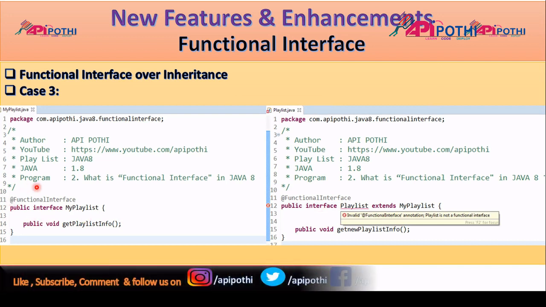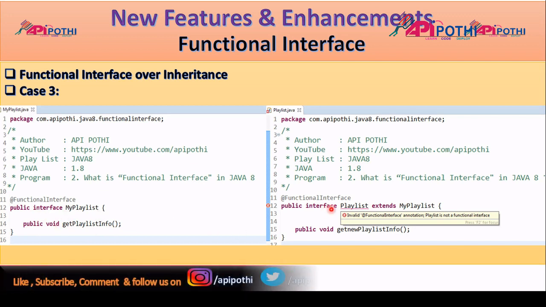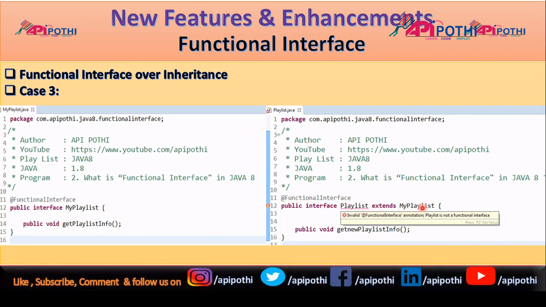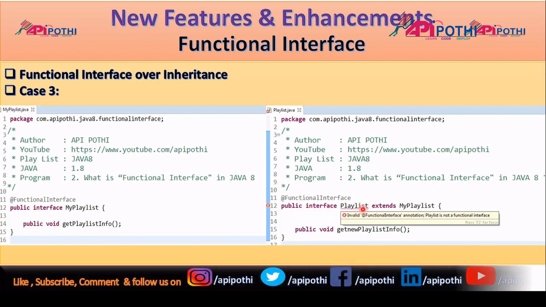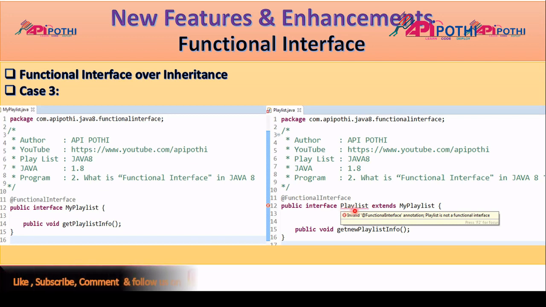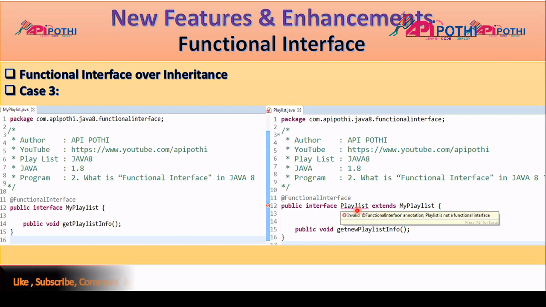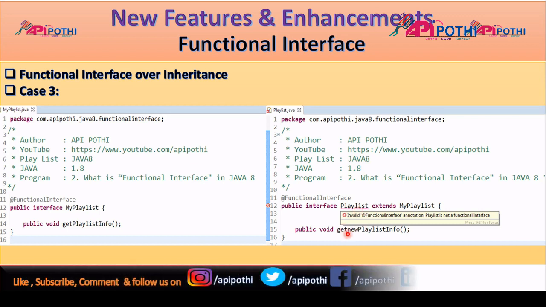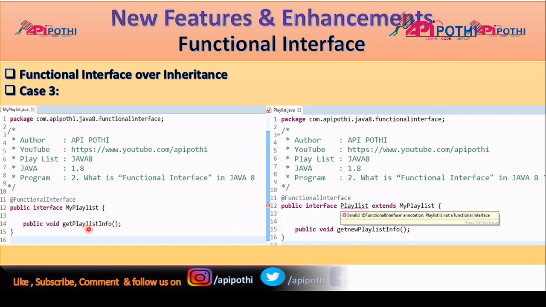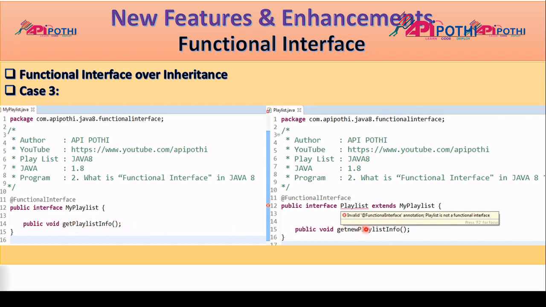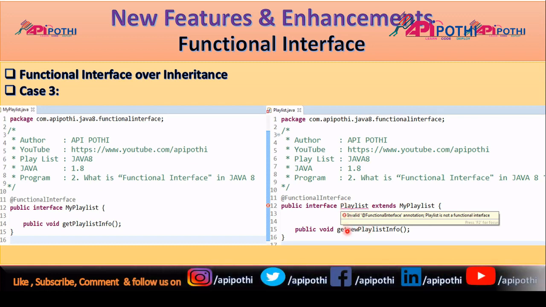Third scenario, same: we have the functional interface which has one unimplemented method, and Playlist is also extending MyPlaylist, and I am trying to create a functional interface for Playlist. So I have annotated this one, and inside this Playlist I have the method called getNewPlaylistInfo, and this one is getPlaylistInfo, meaning this method and this method differ. So technically Playlist has two unimplemented methods.